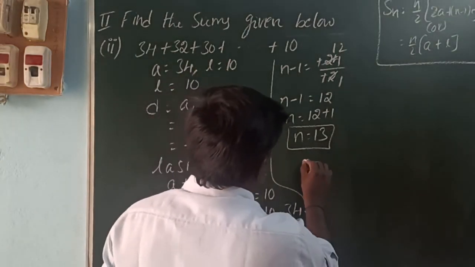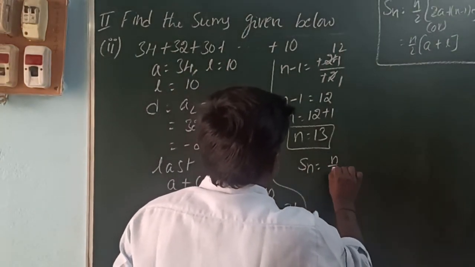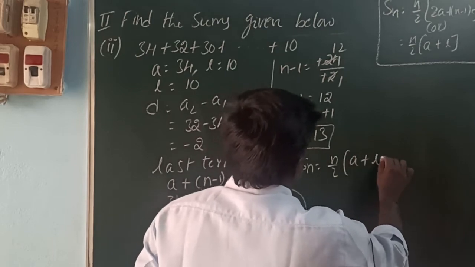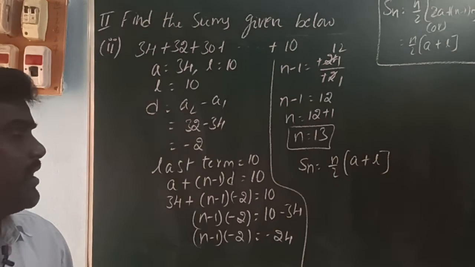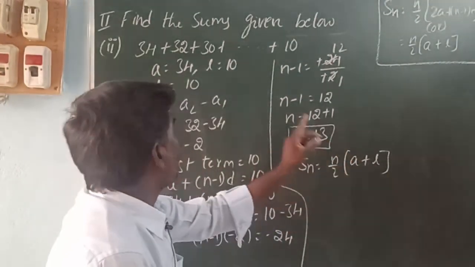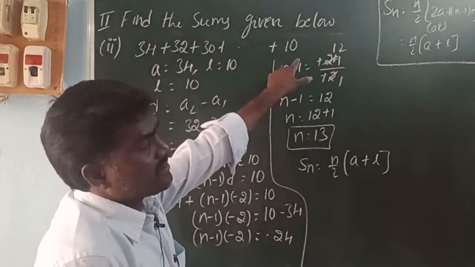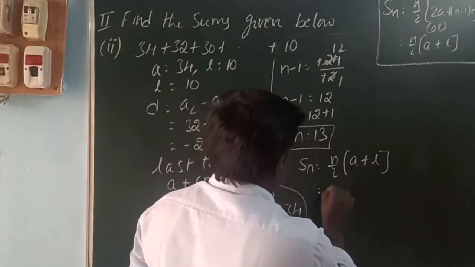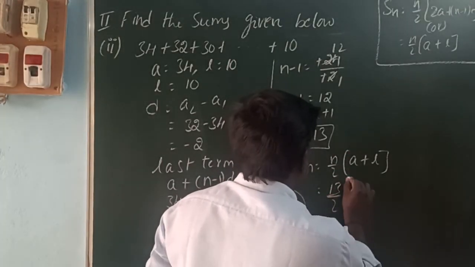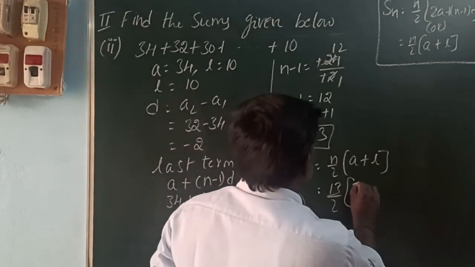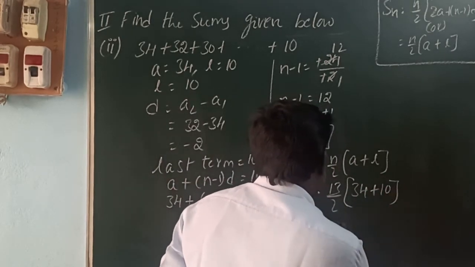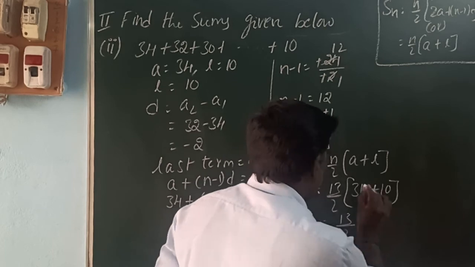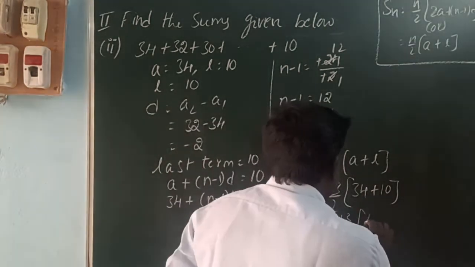So what is the formula? Sn is equal to n by 2 of (a plus l), or we can use the formula n by 2 of (2a plus (n minus 1) into d). Why can we use this formula here? Because here the first term is given and the last term is given. So here n is 13 by 2, a is 34, l is 10. So that is 13 by 2 into (34 plus 10), which is 44.